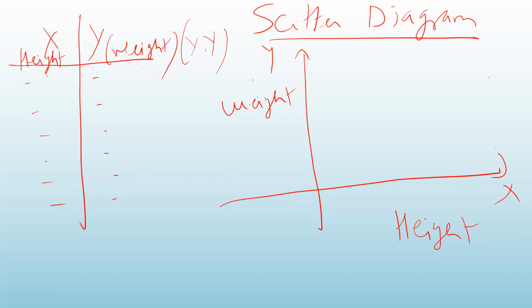Suppose the height is 5 feet and the weight is 40. So it will give you the point 5 and 40. Suppose here we are having 10, 20, 40, 50, 60, like that. So 5 and 40, this point you will get here. Similarly, we will also draw the points for the other values.